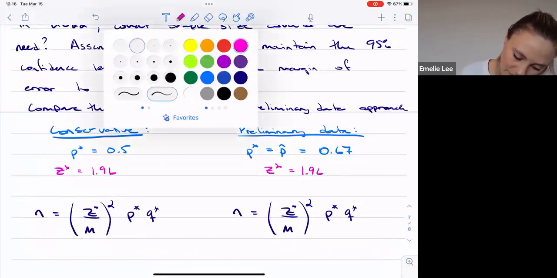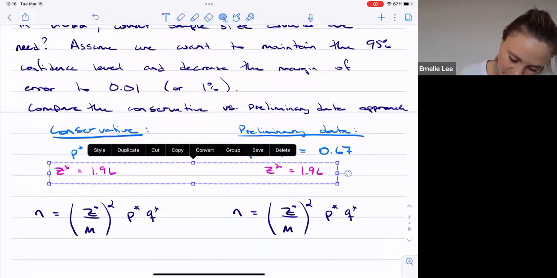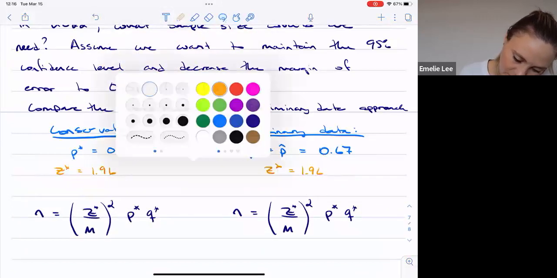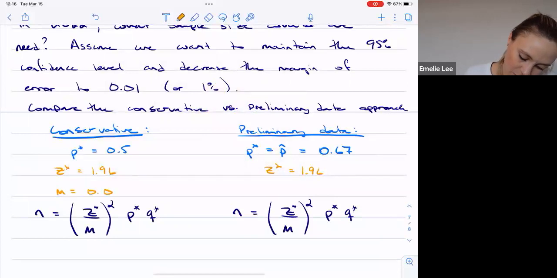And I shouldn't have done such a bright color here. How about orange instead? And M, we're going to force it to be 0.01 in both cases.